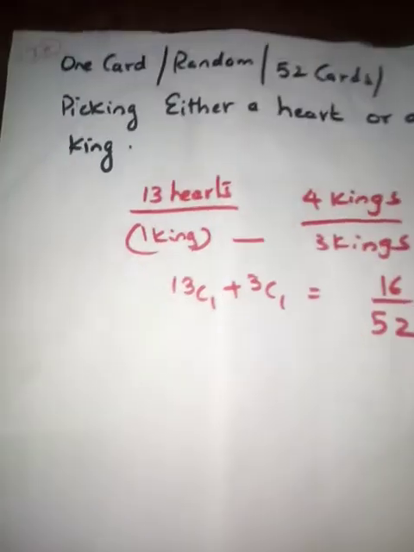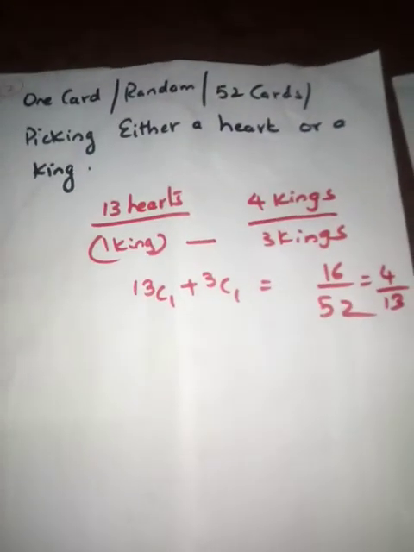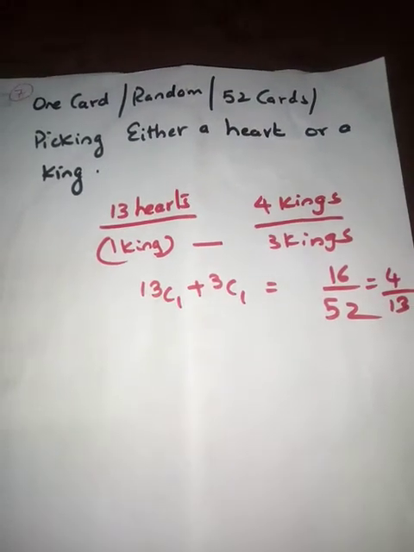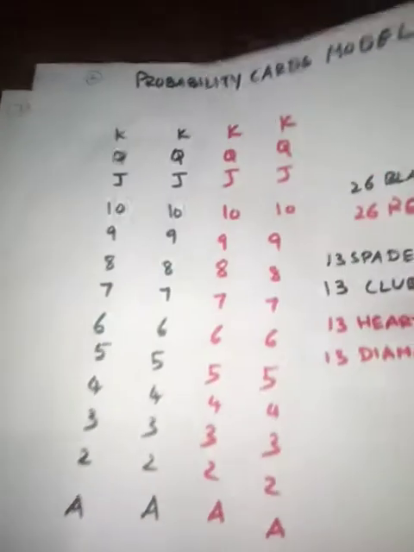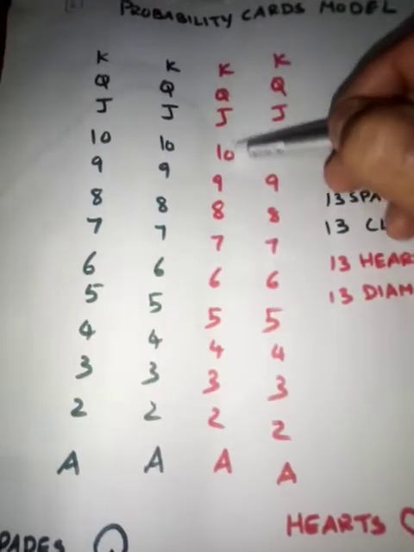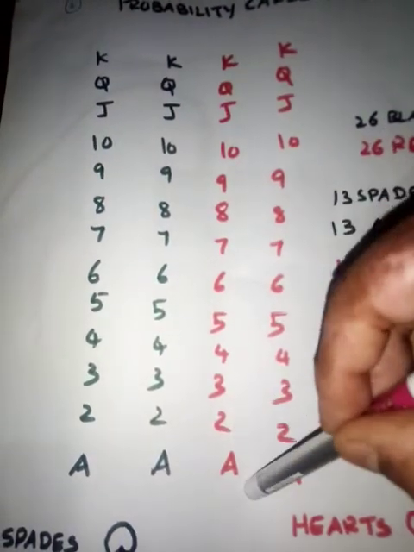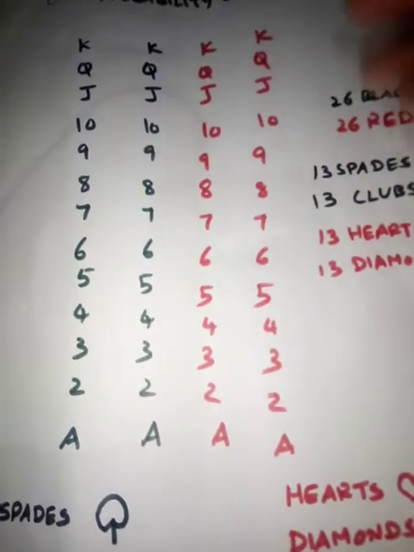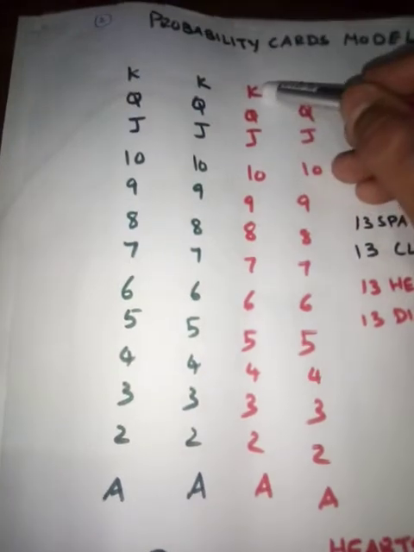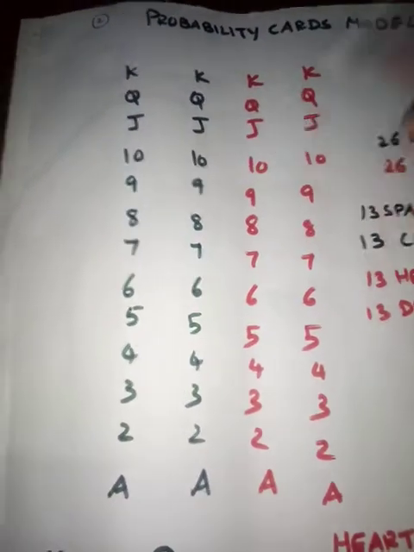What is the probability of picking either a heart or a king? We have 13 hearts. This is the hearts line. We have 13 hearts, as we are seeing. What is the probability of picking a heart? That means 13c1. In that there is one king, one queen, one jack, one ace.